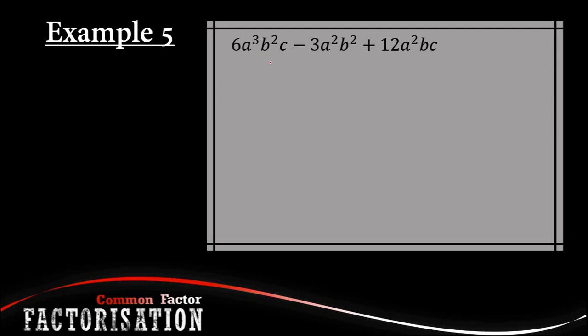For example 5, now we just have a few more terms. 6, 3 and 12 are all multiples of 3, and the highest we can actually take out is just 3, because there's a 3 at most in the middle term. First of all, we take out a 3, and then we see there are a's, b's and c's, but this one doesn't have any c, so we're not going to take out a c.